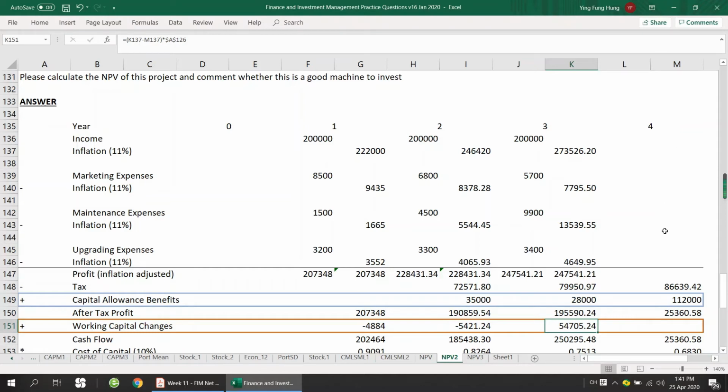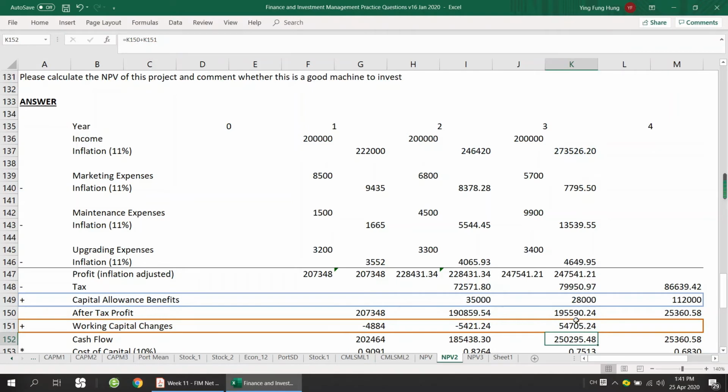If we want to calculate the working capital with no sales in year 4, then similarly following the same step, we take the sales figure from year 3, which is this 273.5262 thousand. We subtract it by the sales figure of year 4, which is 0, and then we multiply this by 20% based on the information we get from the cell A126.